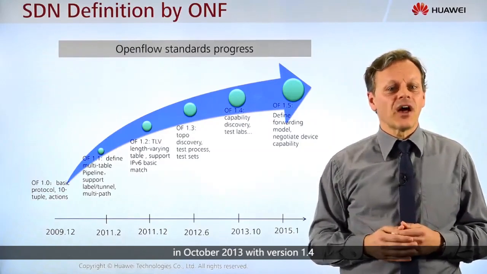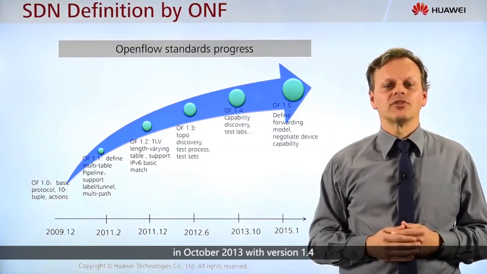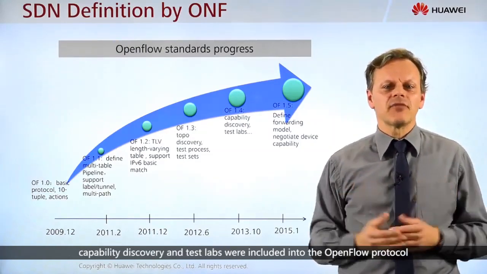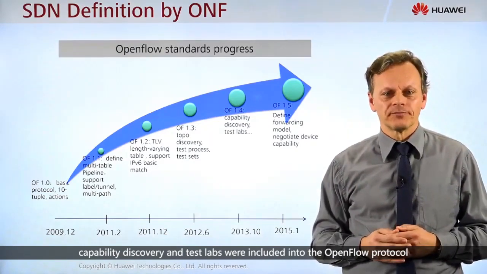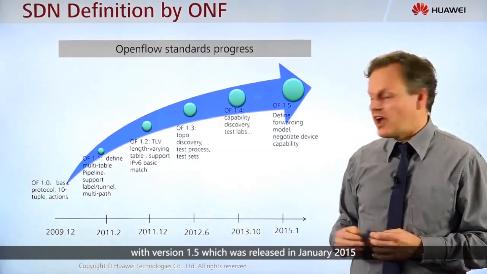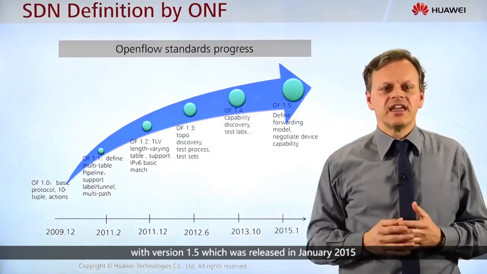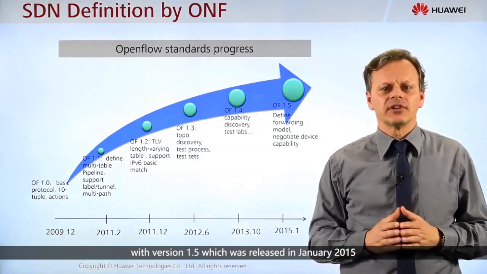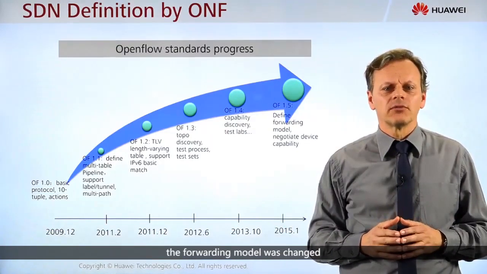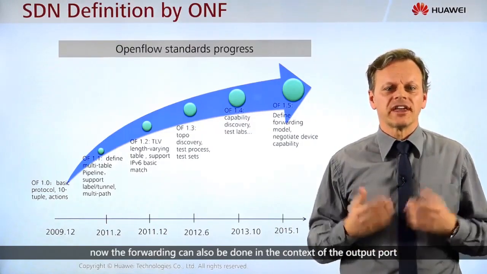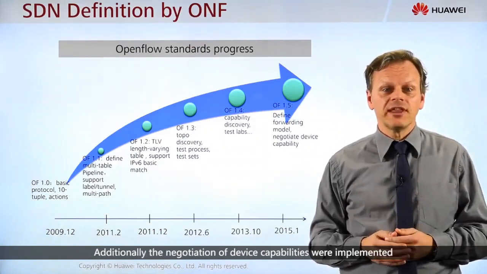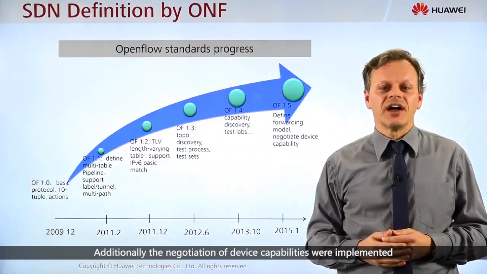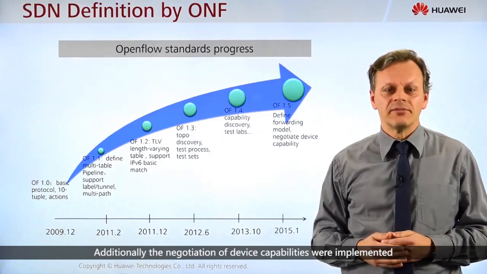In October 2013, with version 1.4, capability discovery and test labs were included in the OpenFlow protocol. With version 1.5, which was released in January 2015, the forwarding model was changed. Now the forwarding can also be done in the context of the output port. Additionally, the negotiation of device capabilities was implemented.